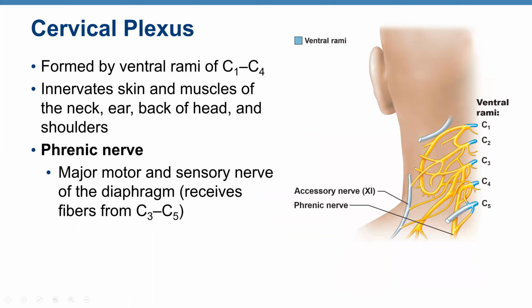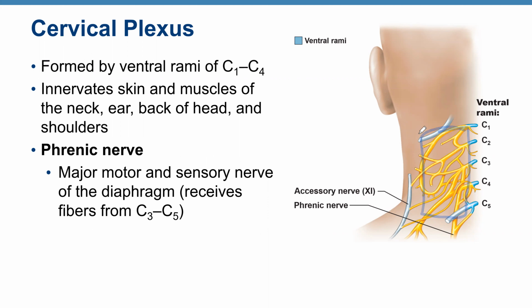So now look at these plexuses. First, the cervical plexus, formed by ventral rami C1 through C4. So here's our nerve C1, C2, C3, C4, and some fibers from C5. Instead of just having one branch, one ramus that moves towards the neck, we have all these branches that mix together, forming a network.